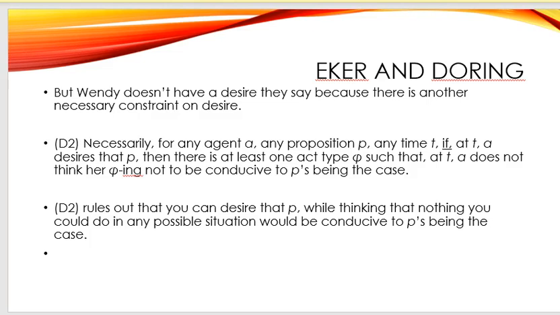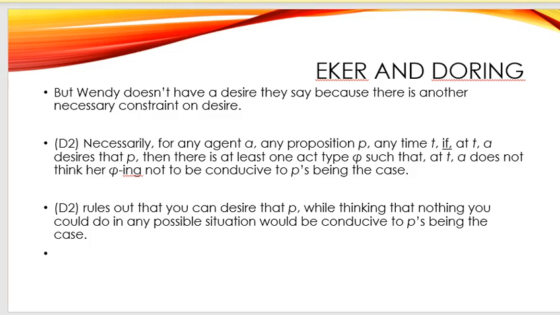So if I desire to have coffee, then for any action type, so imagine getting my wallet, for example, I don't think that getting my wallet is not going to be conducive to P's being the case, if I'm disposed to doing those types of things.